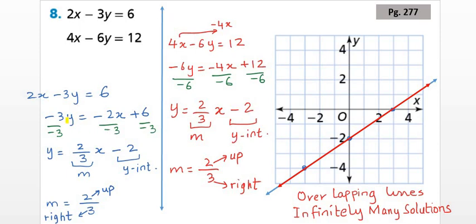When I was solving these equations to change them into standard form, I want to mention that whenever you are dividing both sides by a negative number, be very careful to write the next step. Look at this: -3 will cancel -3, so it will be y. What about -2 divided by -3?